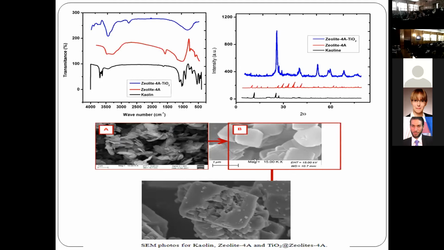But if we convert it to zeolite 4A, it has a cubic structure with a small surface, but with modification and the production of self-assembled zeolite 4A titanate, or titanium dioxide, you can see a regular structure with different pore sizes and pore distribution in the bulk of this material. So it gives different active sites on the surface, so different affinity with different mechanisms, or chemosorption mechanism.